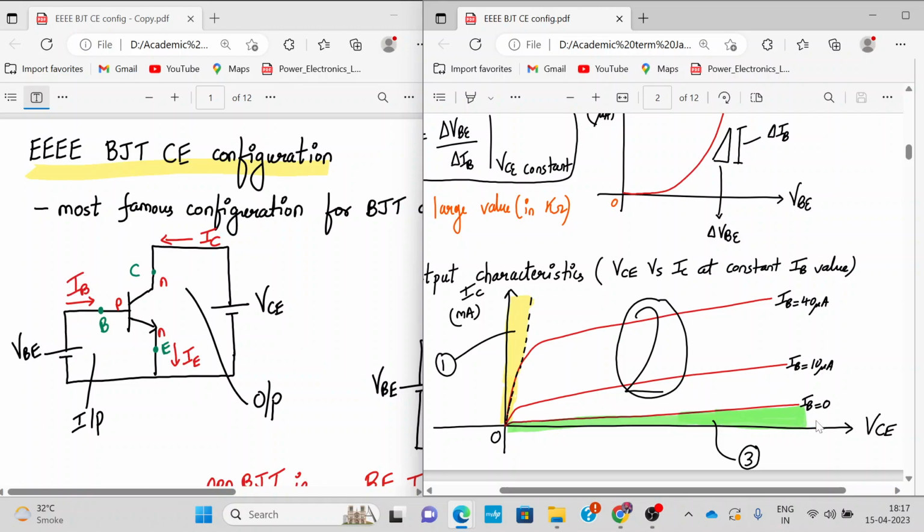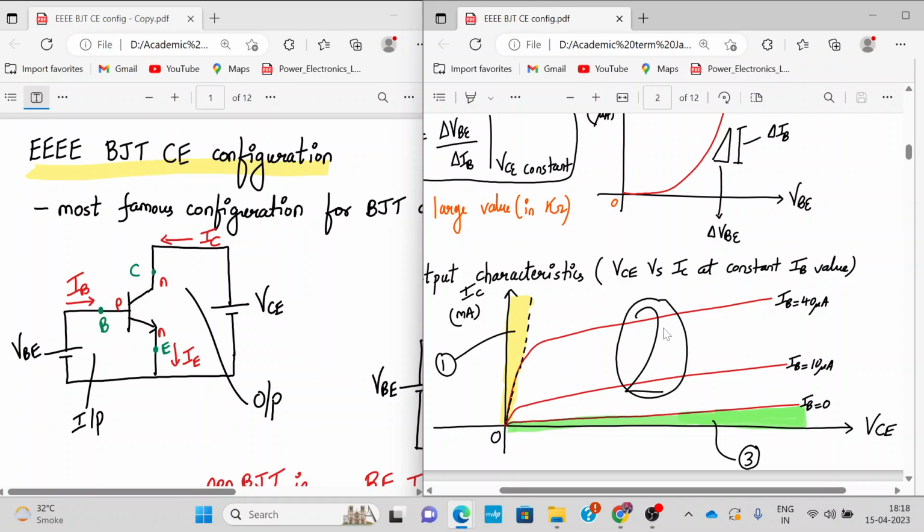So for different constant values of IB, you get a family of curves, as you can see here, and from here we see three operating regions: the green one, the yellow one, and one written as 2. The entire red-marked region is the region 2.